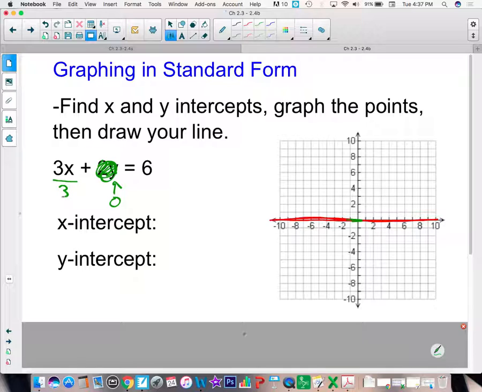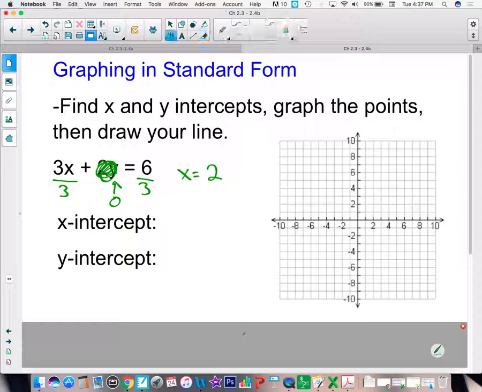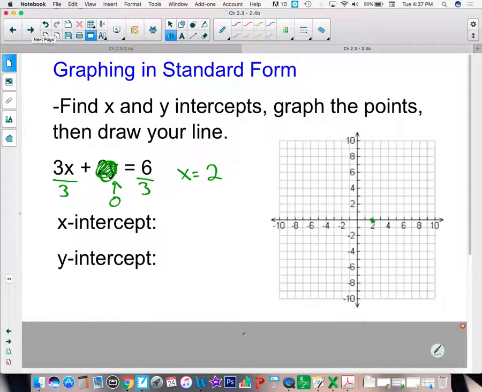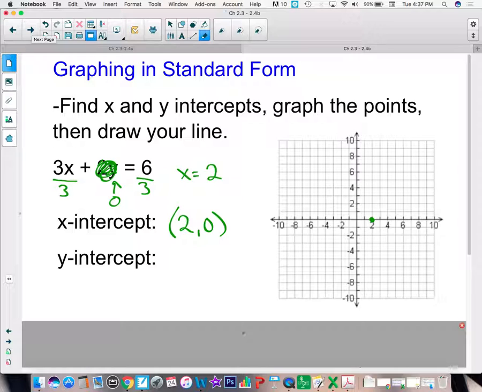Divide by 3, you get x equals 2. So if x equals 2, that's my x-intercept, which is going to be right there at 2. So that point is really (2, 0). That's my x-intercept.